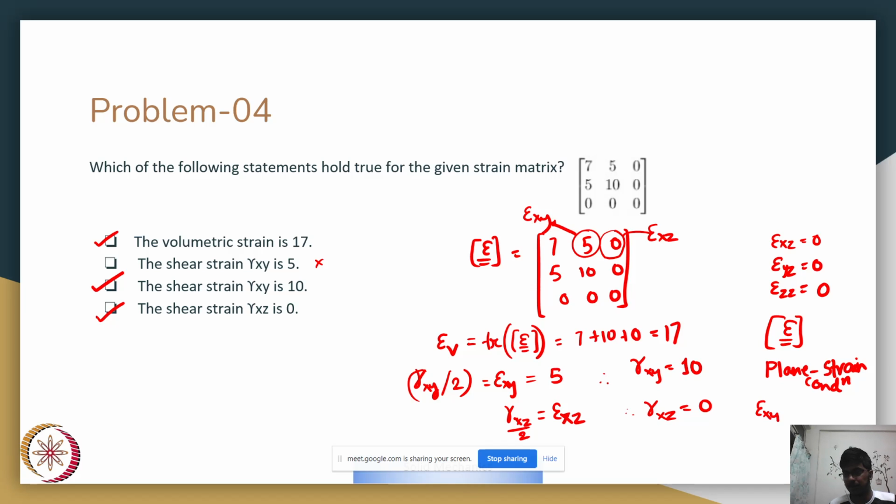Here ux should be a function of x and y, and uy should also be a function of x and y. Okay.